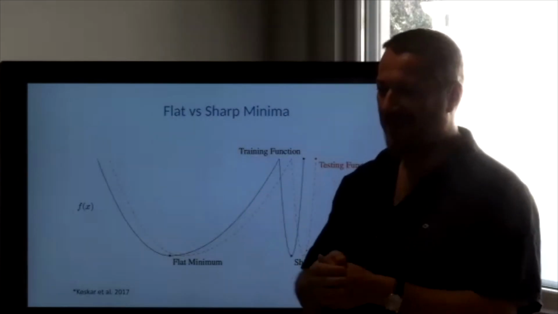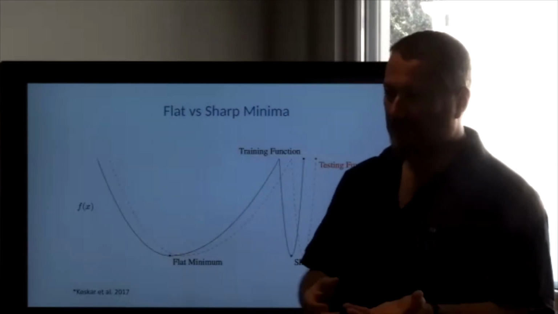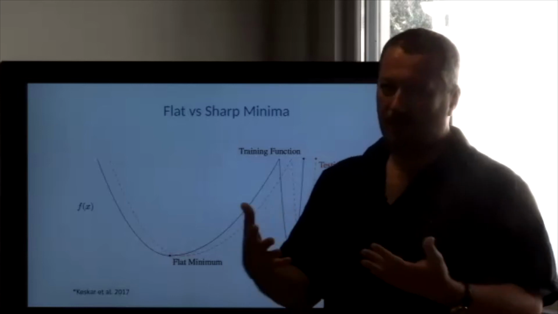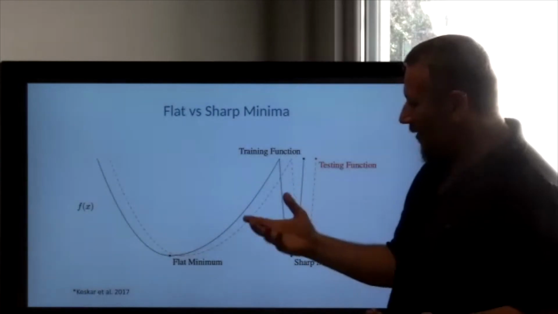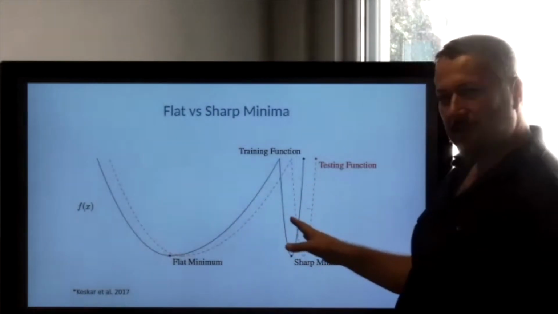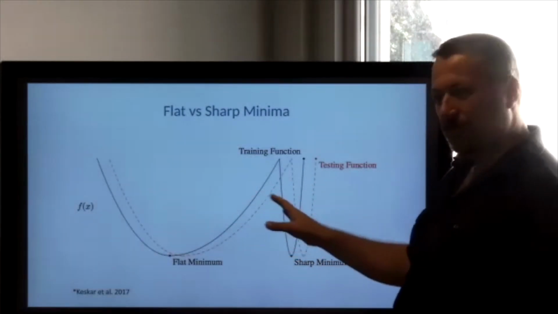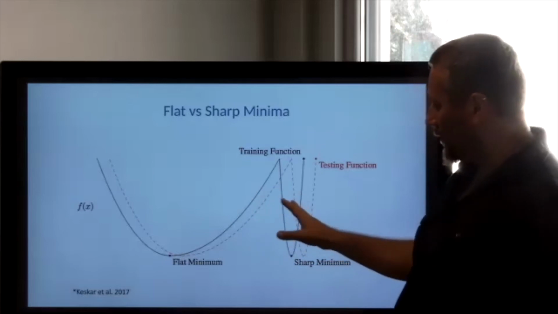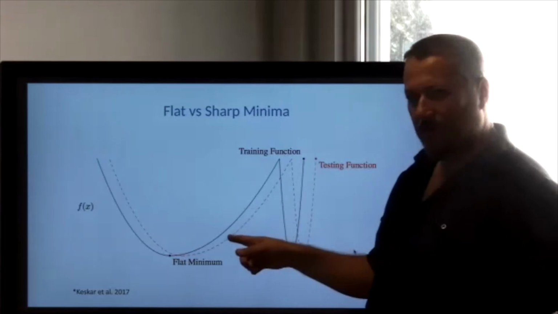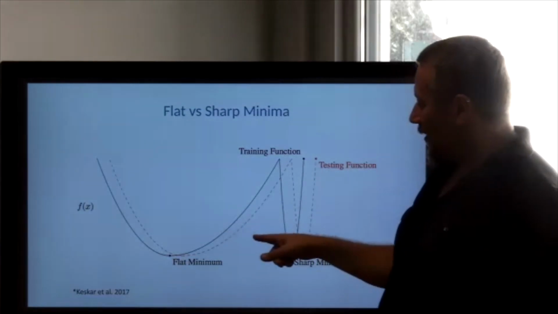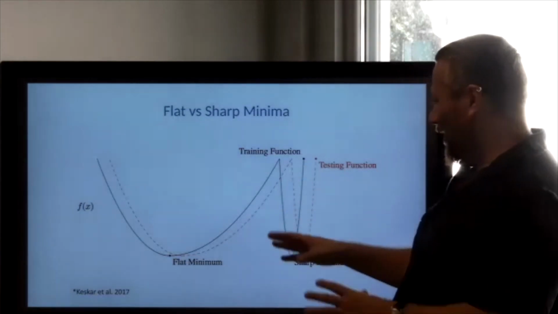They are very, very correlated. So if you look at the training function and the testing function, of course, they are not the same, but they are very correlated. And in a way, they look similar to each other, but a little bit off, right? It's like a perturbation. So what these people observed is there are two kinds of minima.